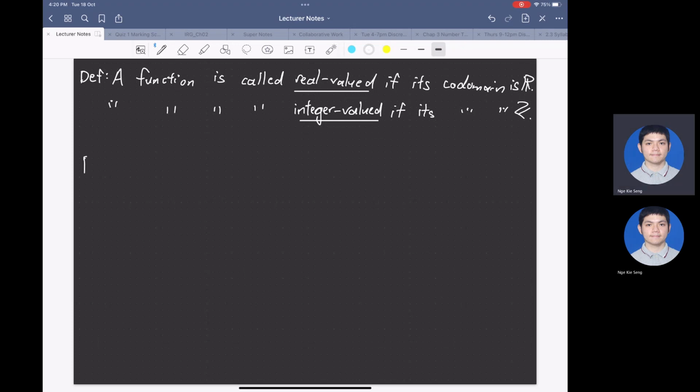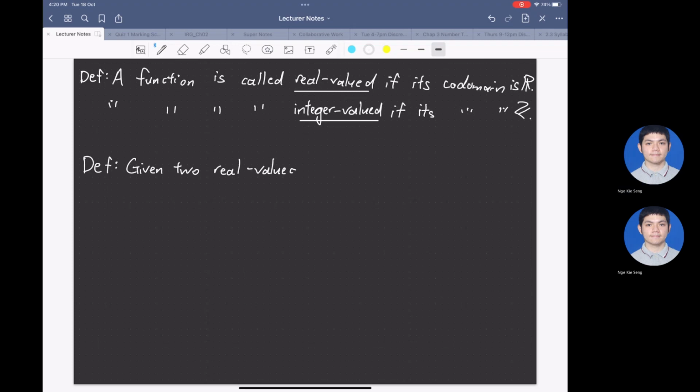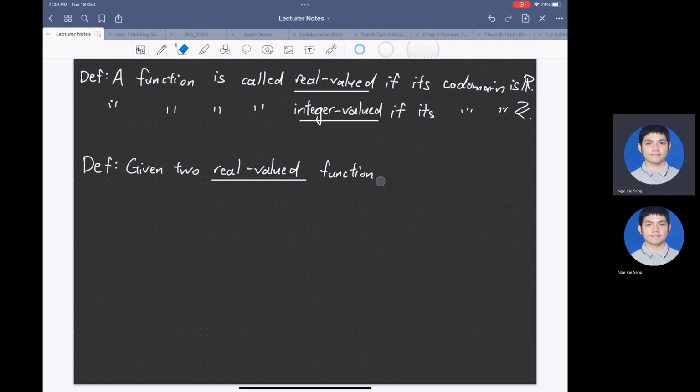And then the next thing is this function also have some algebra structure. So given two real value functions, f and g, they have the algebra structure, so they have two operations.